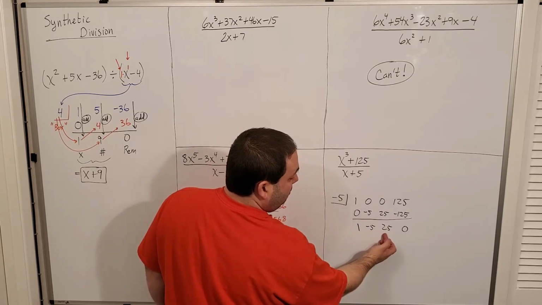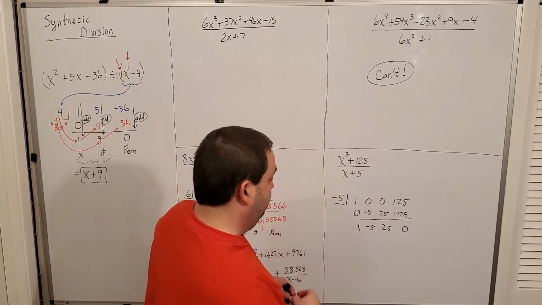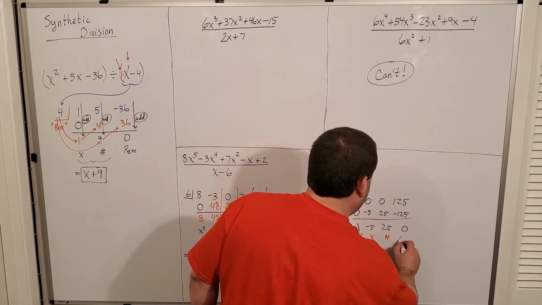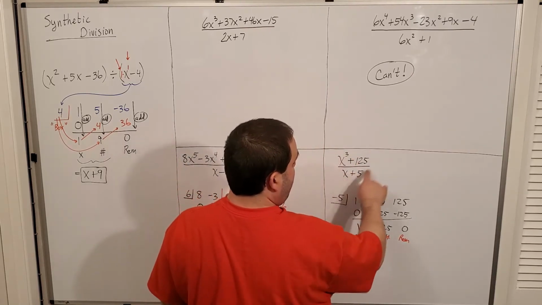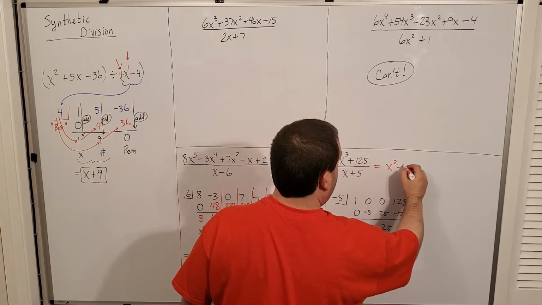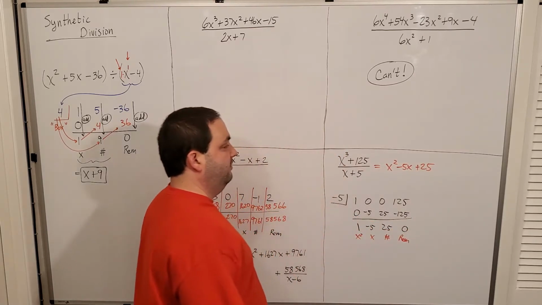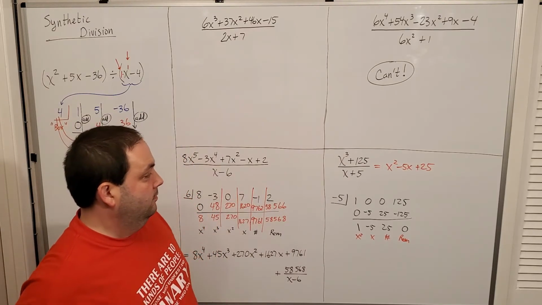This is the number, x, and x squared. So what's the answer? This must be the x squared. This must be the x. This must be the number and the remainder, right? Okay. So then the answer to this division is 1x squared minus 5x plus 25. No remainder, so I don't bother putting anything after that.